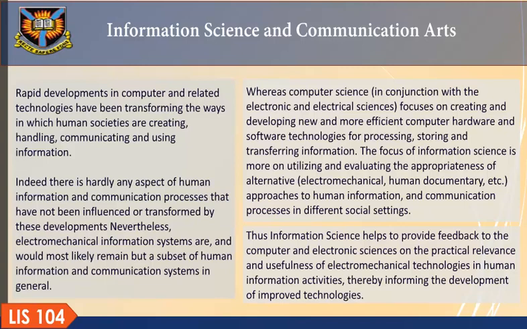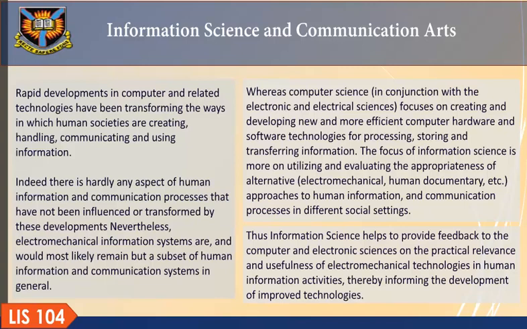Whereas computer science, in conjunction with the electronic and electrical sciences, focuses on creating and developing new and more efficient computer hardware and software technologies for processing, storing, and transferring information, the focus of information science is more on utilizing and evaluating the appropriateness of alternative approaches, electromechanical, human, documentary, and so on, to human information and communication processes in different social settings.